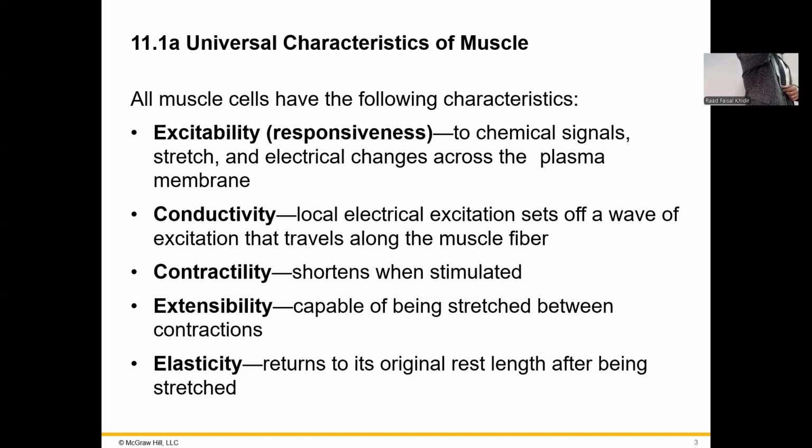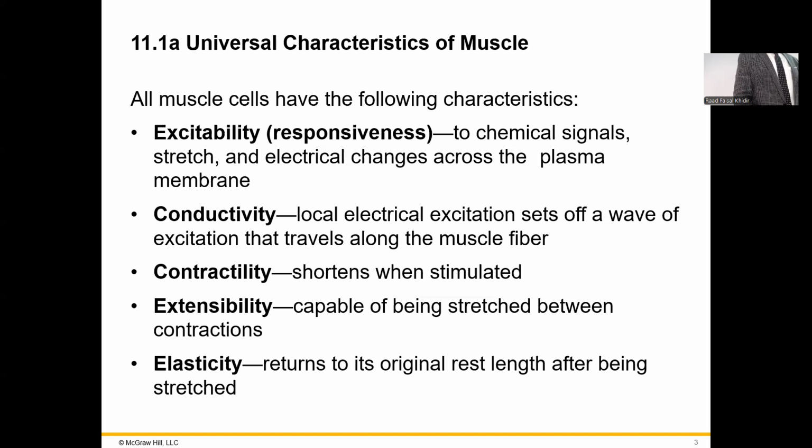And then there's extensibility. Extensibility is when the cell is capable of being stretched between the contractions. And so our skeletal muscle, our cardiac muscle, our smooth muscle, after they contract, it's like a cycle. They contract and relax.